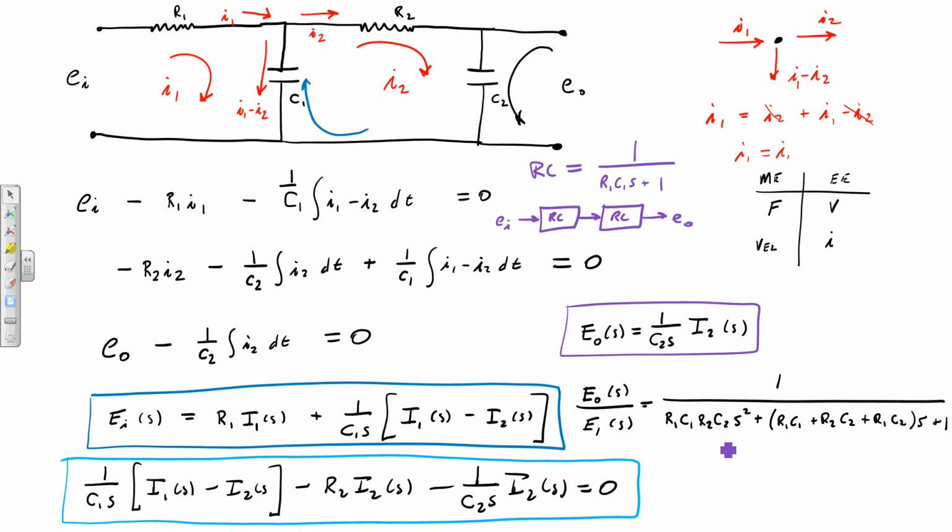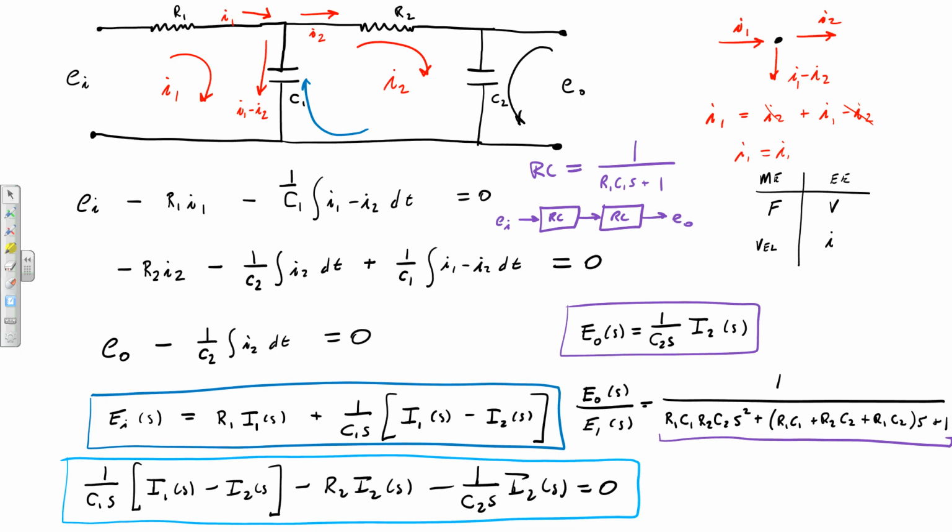This transfer function here is more complicated than simply multiplying these two RCs together. Even though I have two RC circuits, the overall transfer function has more to it. I'm sure you talked about this in circuits, but this is where we talk about load and loading. One circuit is loading the other, and we really have two circuits here that interact with each other, and there are additional dynamics in here.